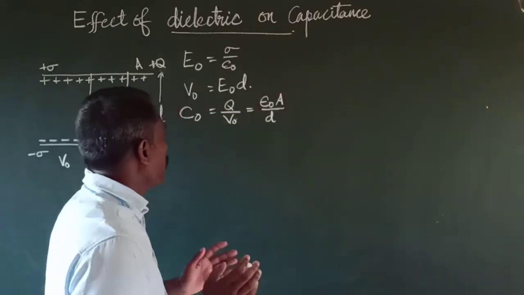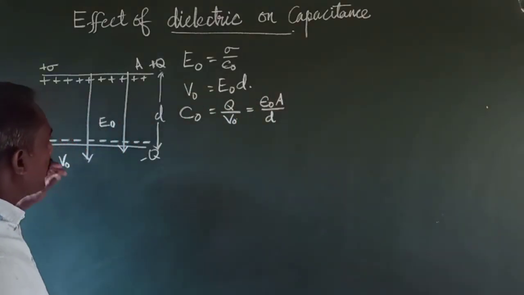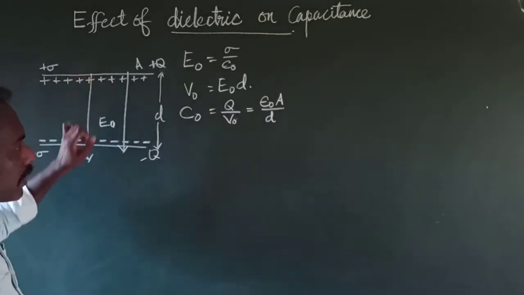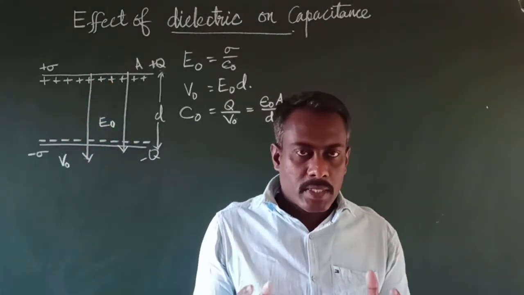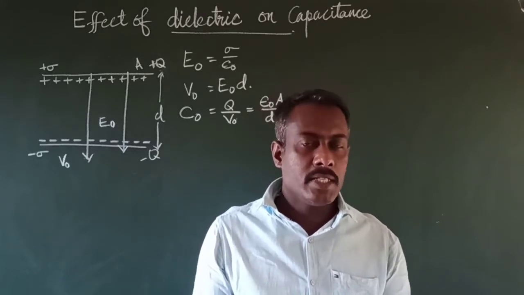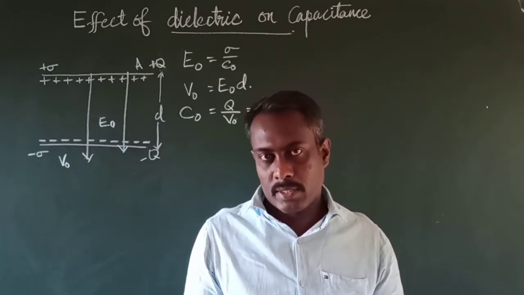Now consider that a dielectric is inserted in between these two conductors in such a way that it fully occupies the intervening region between the two parallel plates.